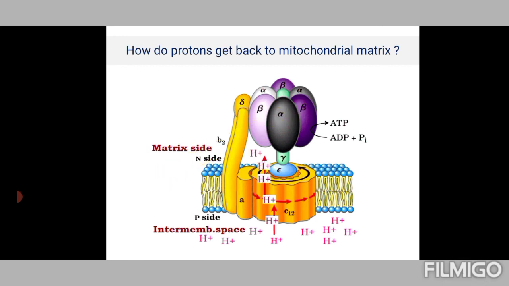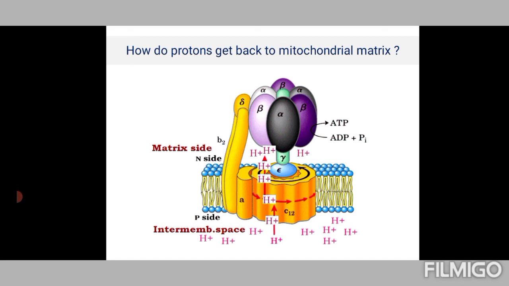That is what happens, like this and like this. This gives the energy for phosphorylation of ADP to form ATP. That is done by ATP synthase, the synthase portion of the FO-F1 complex, that is the F1 portion. So this is basically what chemiosmosis explains.